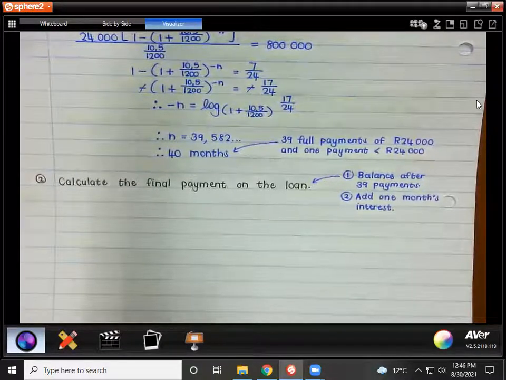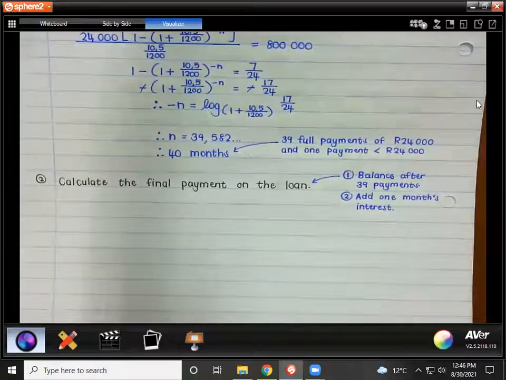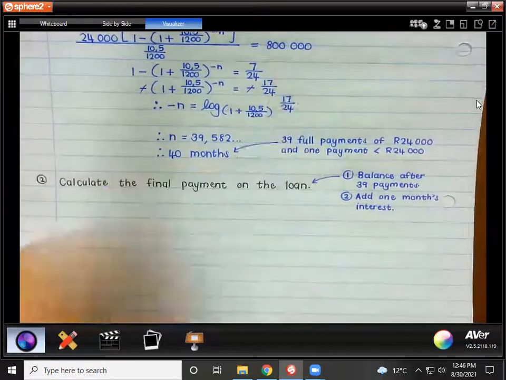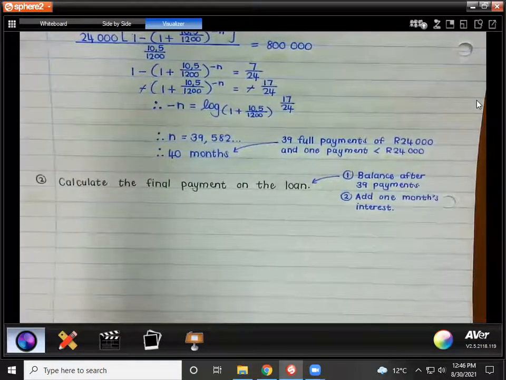The monthly repayments times 40. Remember, it's not just going to be the loan amount. You would have been paying interest as well all the time. So you can't just minus the 800,000, because you're actually going to pay a lot more back.